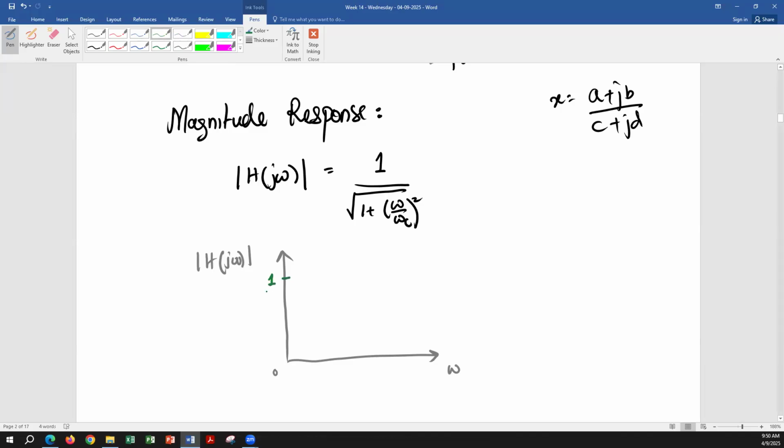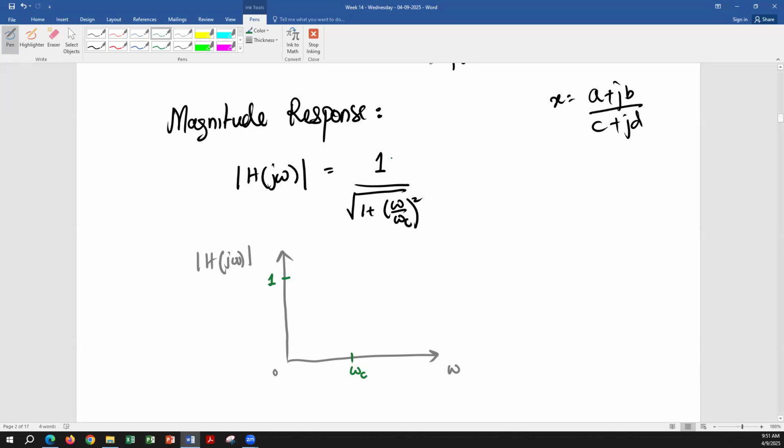Okay, when omega becomes equal to cutoff frequency omega c, what you're going to get? Plug omega is equal to omega c: 1 divided by square root of 2, which is 0.707, right? And that's why mathematically we proved that at omega equal to omega c, the magnitude response of the filter drops down to 70.7% of its peak value.